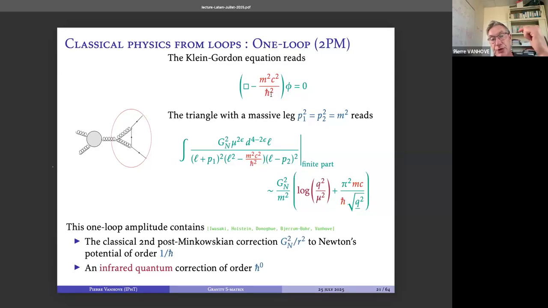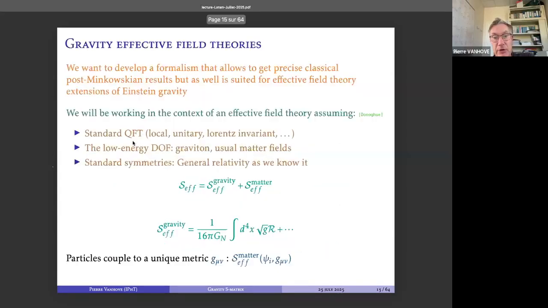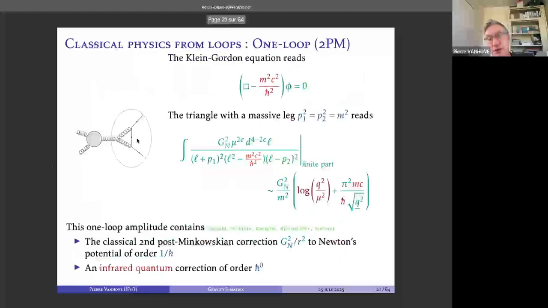So if you have a graph like that at L loop, it will have h bar to the L minus 1 as usual. But if you want to extract something of given order in the mass of the external particles, because the masses M1 and M2 are very big compared to the energy, then you will pick some specific powers of M1 and M2, and M1 and M2 come with an inverse power of h bar. And so they will compensate for the h bar to the L minus 1 that was in front of your amplitude.